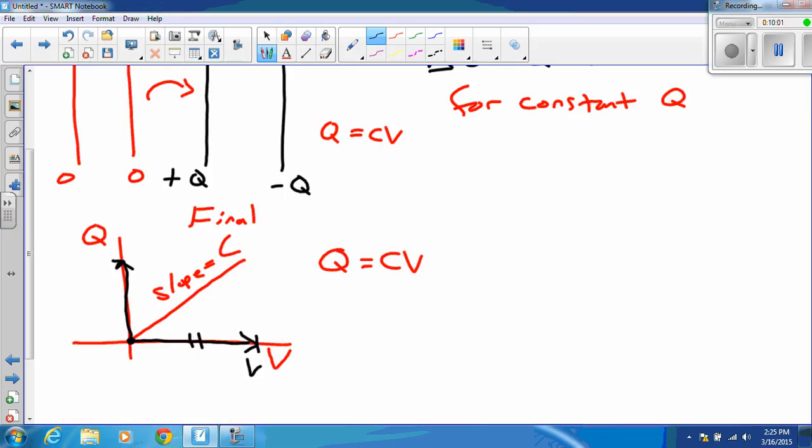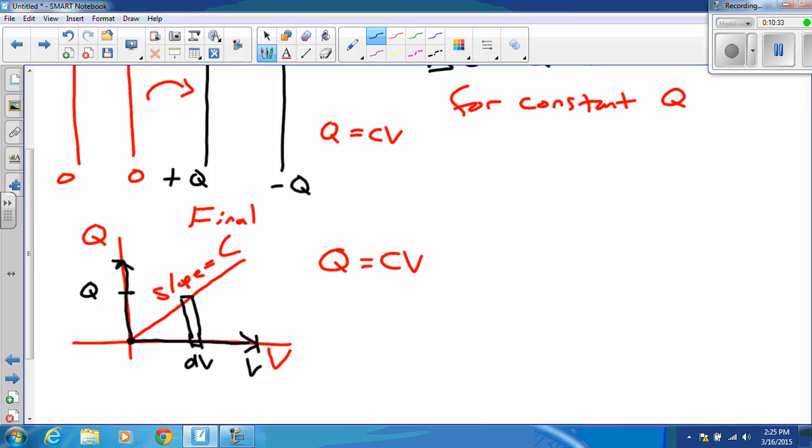Now, let's imagine just a small change in voltage, and we'll call that small change in voltage dV. If you're in calculus, you immediately see where this is going. And I think you will agree with me that over that short dV, the Q right here remains basically constant. It doesn't change by very much, especially if I make dV really small, something like 0.01 volts.